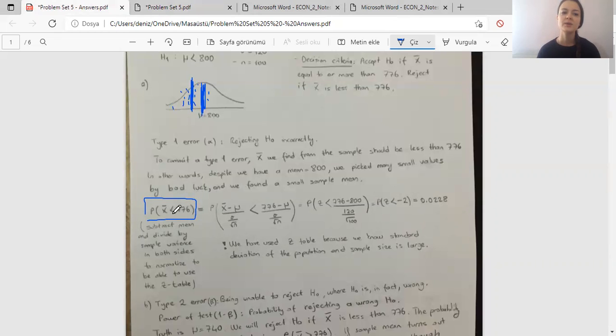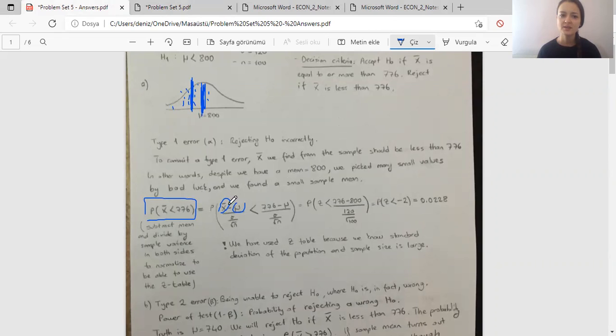So now we need to normalize this thing to use the Z table, okay? So from both sides, we are subtracting the true mean and then divide this thing by our sample standard deviation, okay? Here in this question, we know the population variance, population standard deviation, and since we're dealing with X bar here, sample mean, we need to use sample standard deviation.